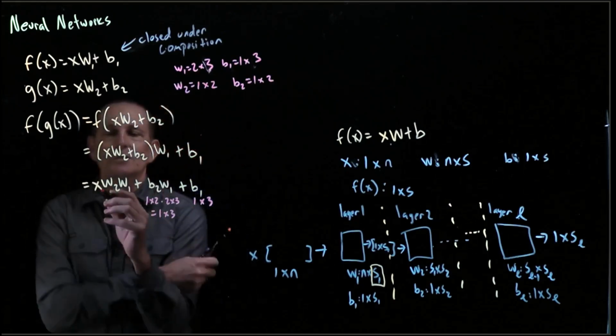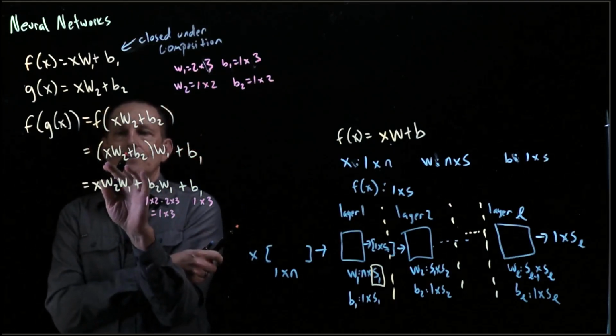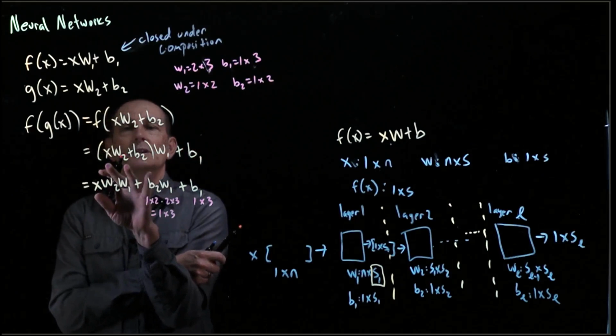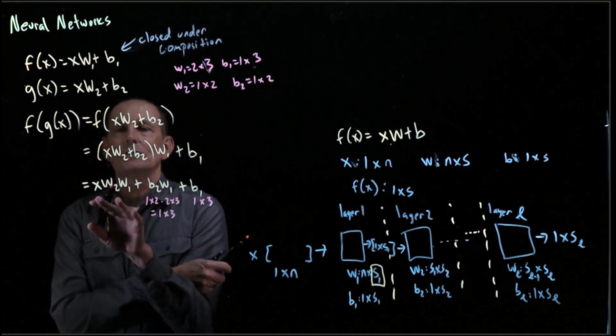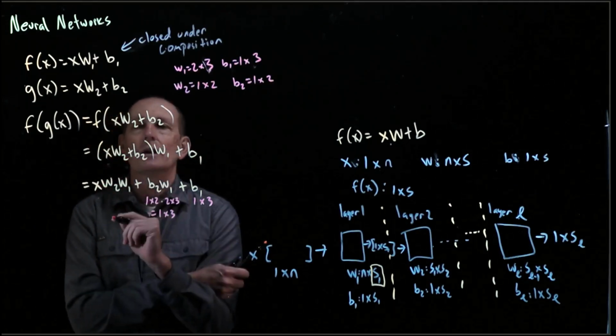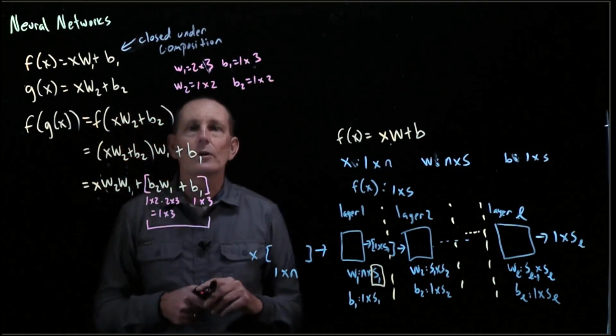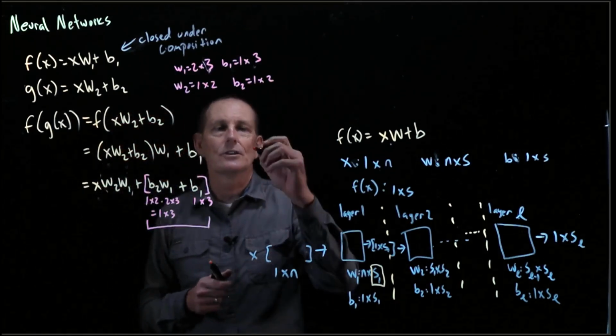And now we can look at xw2w1. The order in which we've been doing the multiplications is x times w2, and then that times w1. However, we know that matrix multiplication is associative.